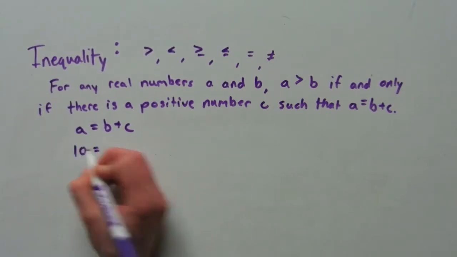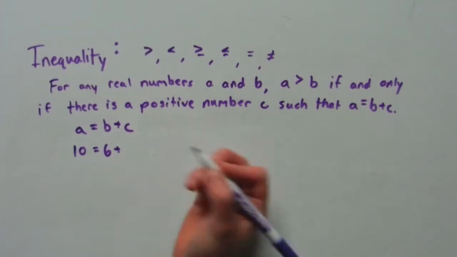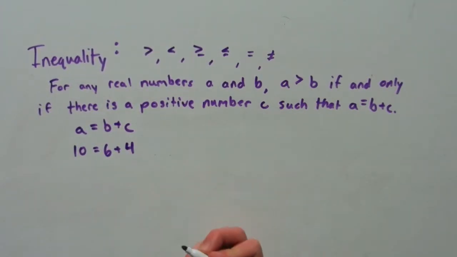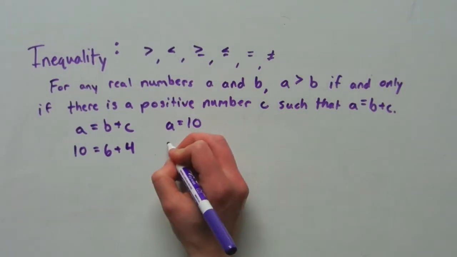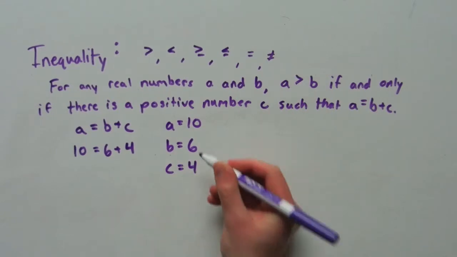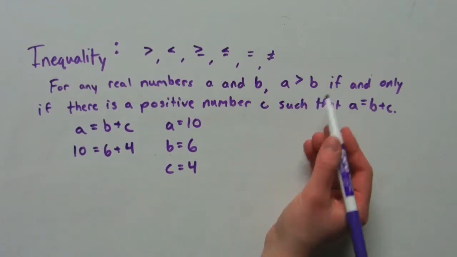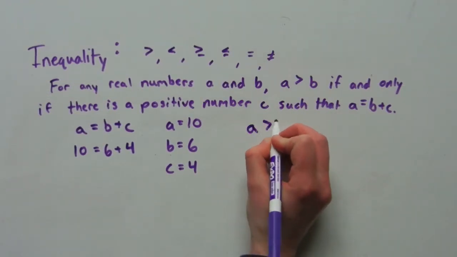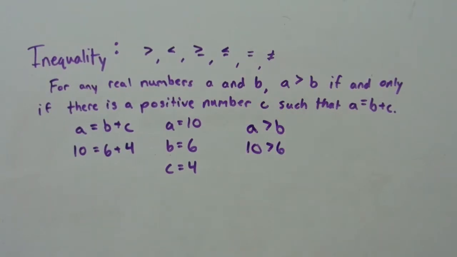If a is 10, b can be 6, and 6 plus 4 will get us to 10. So our a is equal to 10, our b is equal to 6, and our c is equal to 4, and 4 is a positive number. So is a greater than b? Yes, because 10 is greater than 6.